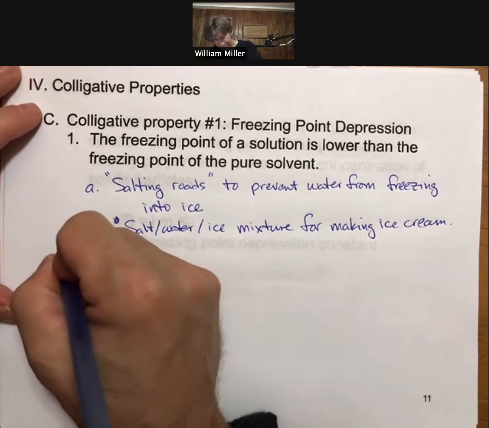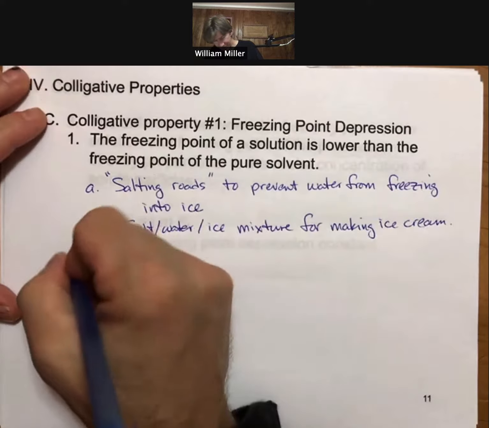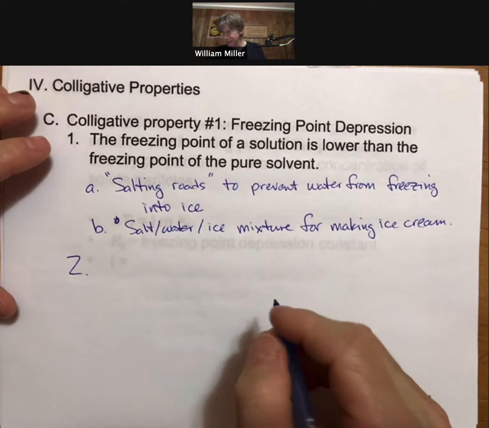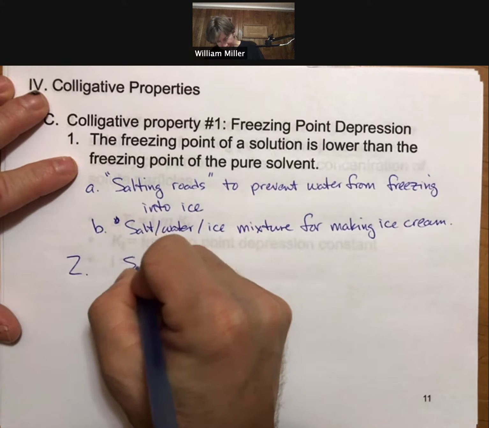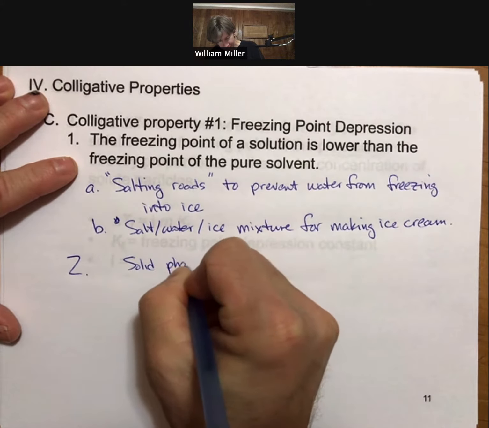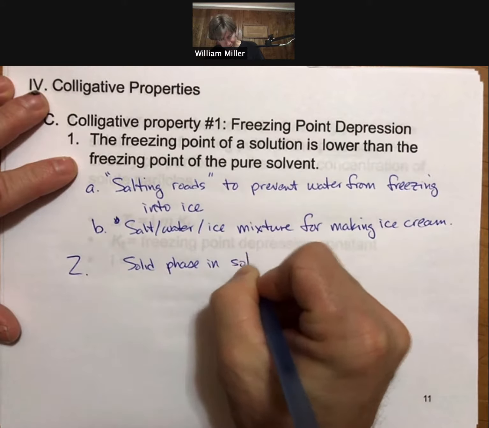Now, here's a picture of this process. Yeah, so there we go. And in this picture, we can imagine that we have a solid phase in solution.